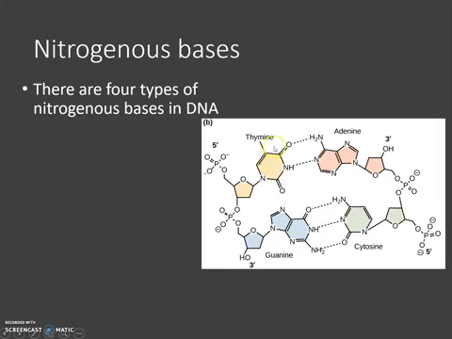This is the thymine base that exists on a thymine nucleotide. This is the guanine base that is attached to the sugar deoxyribose and the phosphate to make a guanine nucleotide. Cytosine is also a single ring, although it does differ in the arrangement of the atoms from thymine. So even though it's the same size, it has some differences.